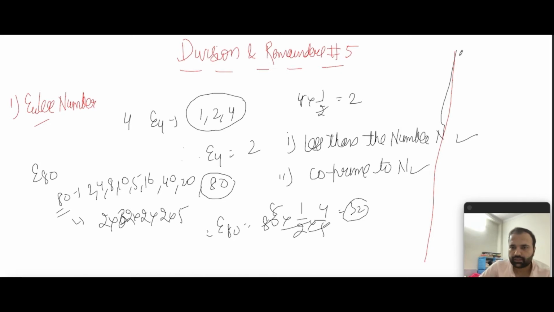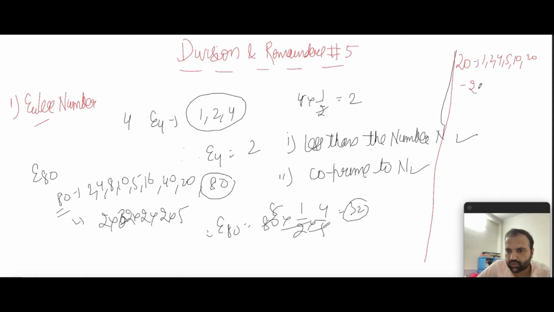So let's say there's a number, let's say 20. The factors would be 1, 2, 4, 5, 10 and 20. If you want to check all the numbers for the Euler number of 20, simply we have to take all the prime factors.